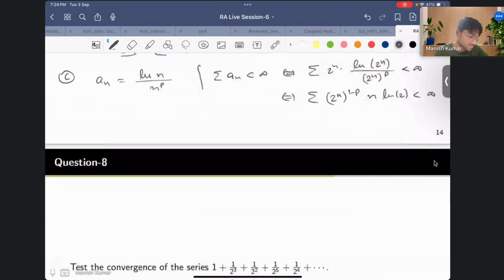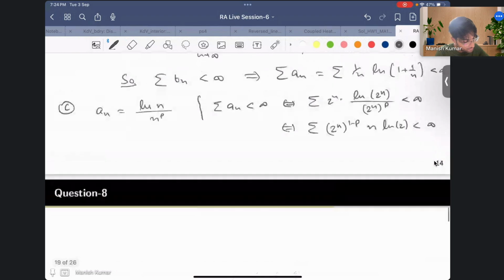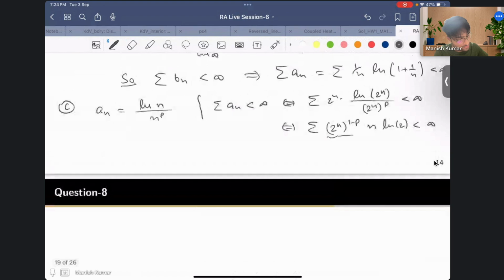okay, then just a second, am I correct? Okay, so you can clearly see when p is equal to 1, this is going to diverge, that is obvious. Now for p which is less than 1, again it is divergent, correct?